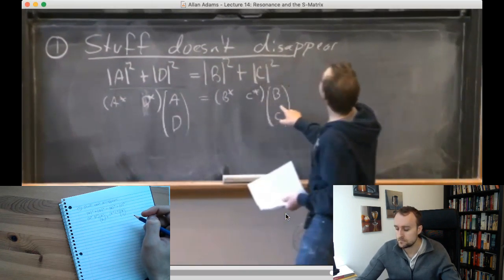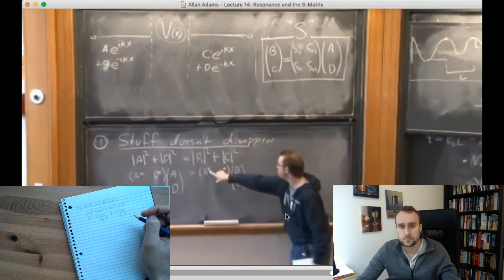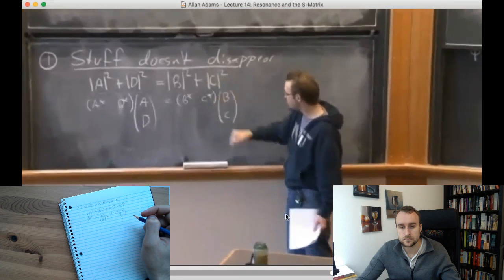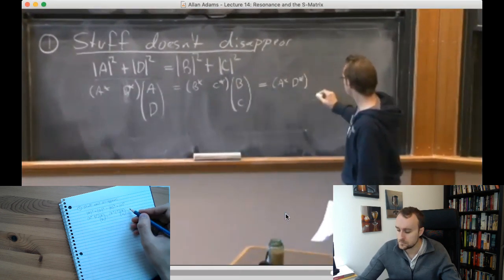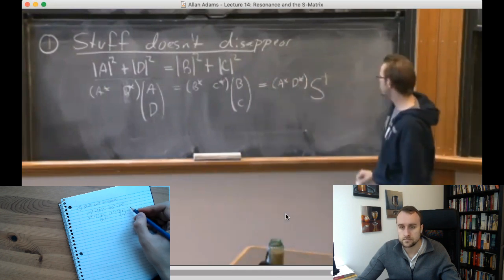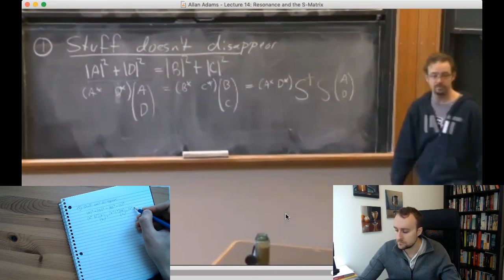But B and C are given by the S matrix. So B, C is the S matrix times A, D, and B complex conjugate, C complex conjugate is the transpose complex conjugate. So this is equal to A complex conjugate, D complex conjugate, S transpose complex conjugate, also known as the adjoint, and this is S on A, D.